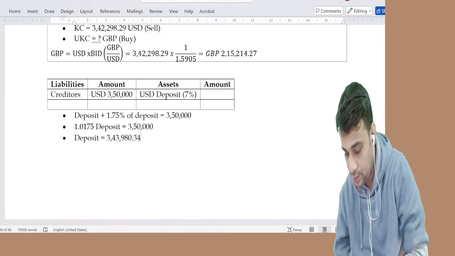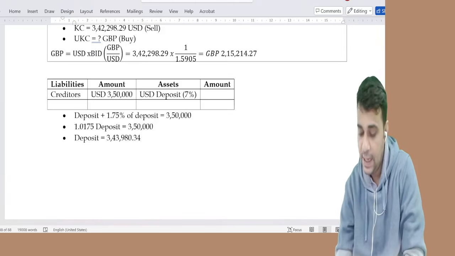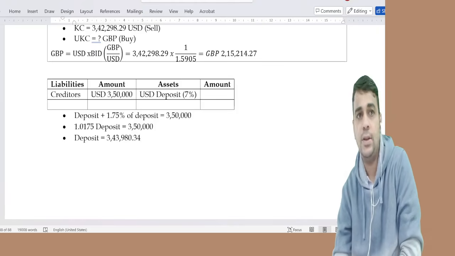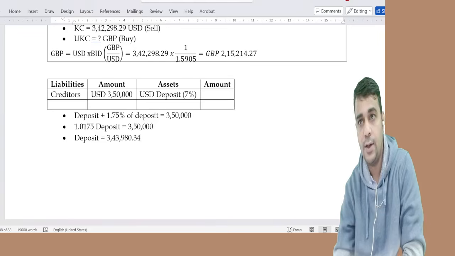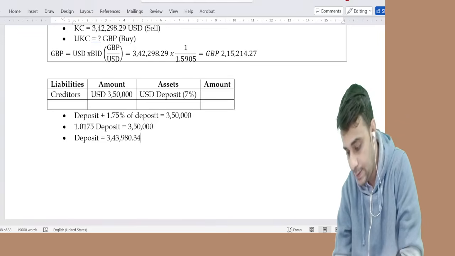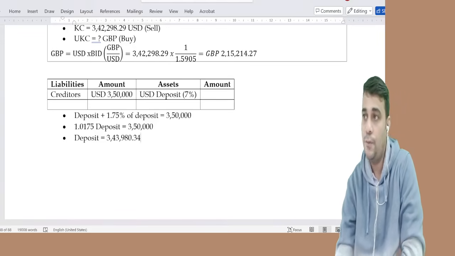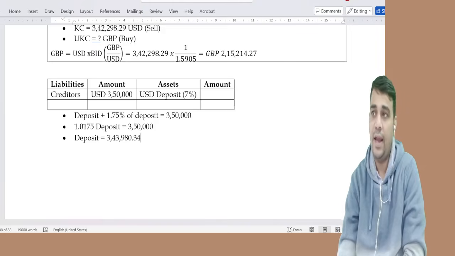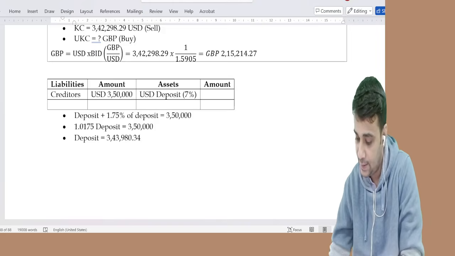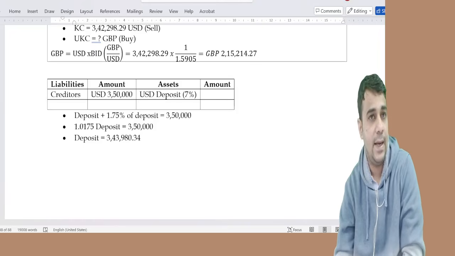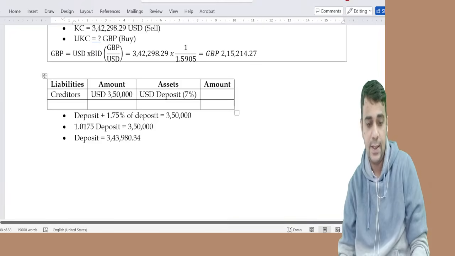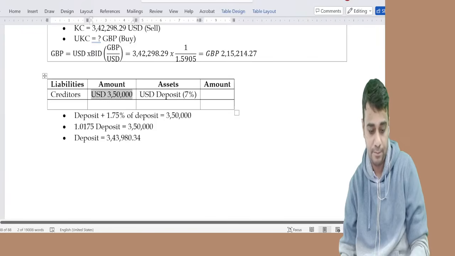343,980.34. You guys can confirm. 3,50,000 divided by 1.0175 is 343,980.34. This side I have to create this deposit.